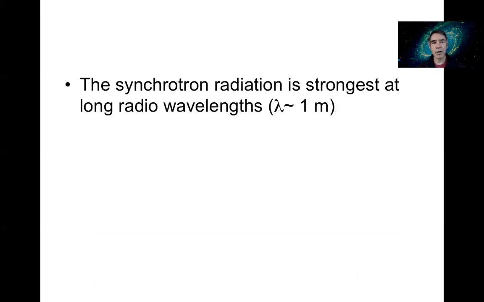I want to distinguish between the thermal bremsstrahlung emission coming out of H2 regions and this synchrotron radiation coming out of supernova remnants. They are both in the radio wave band, but the synchrotron gets stronger and stronger at even longer wavelengths, up at around 1 meter, the longest wavelengths we're going to look at in this module.